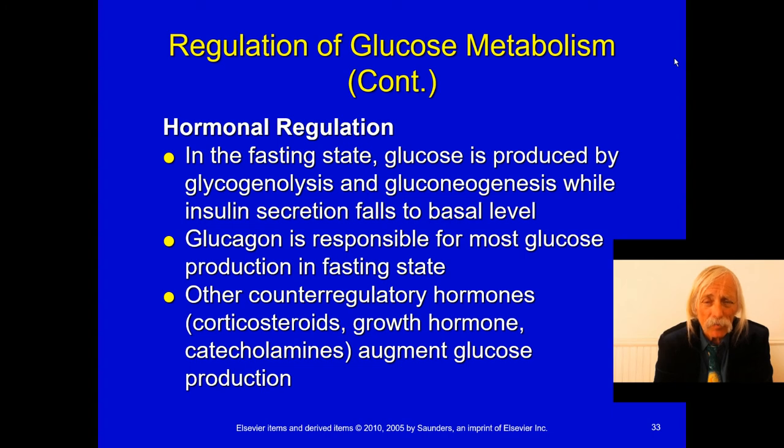Glucagon then is responsible for most glucose production in the fasting state because it involves glycogen breakdown in the liver and then helps the glycolytic pathway get that gluconeogenesis going, along with glucose 6-phosphatase to release glucose from the liver, right? This is what happens during fasting. This is how you get glucose back into circulation.